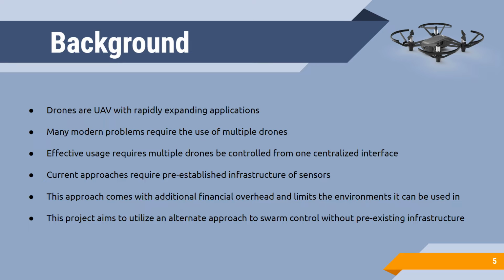So currently, a lot of the approaches of implementing swarm drone solutions, whether it's search and rescue, or something like conservation, like tracking endangered animals and having 24-hour security, require a lot of financial overhead, a lot of time investment, a lot of money investment, and a lot of resources being involved to set up this infrastructure. So this infrastructure is going to include on-ground sensors.